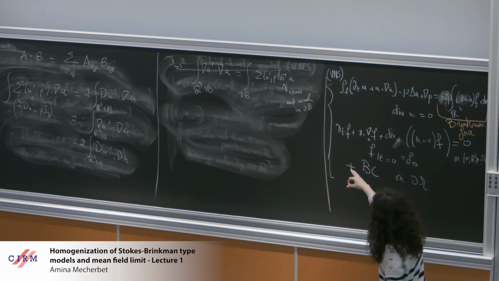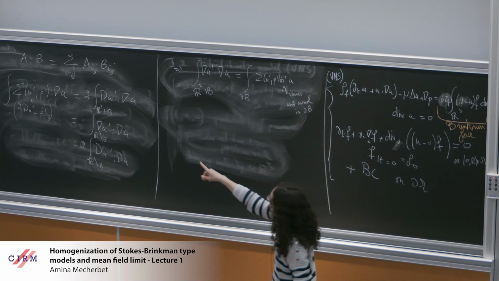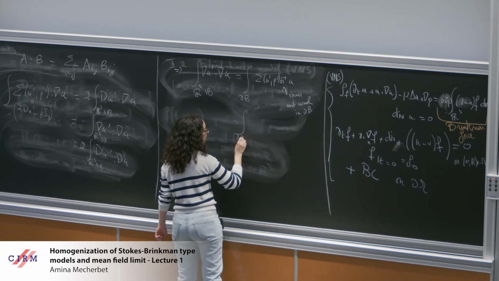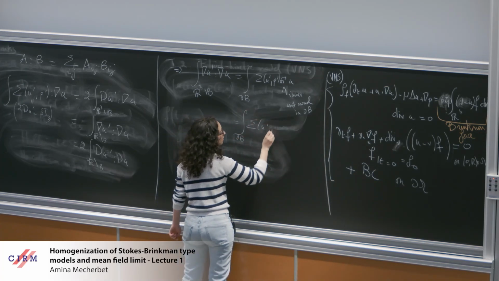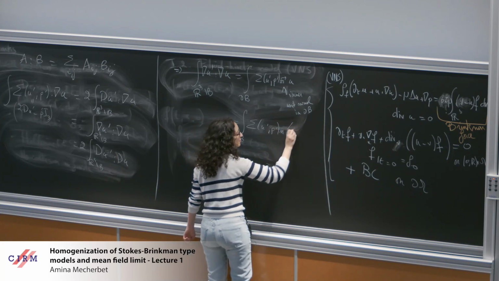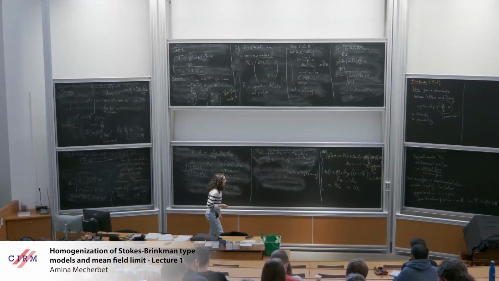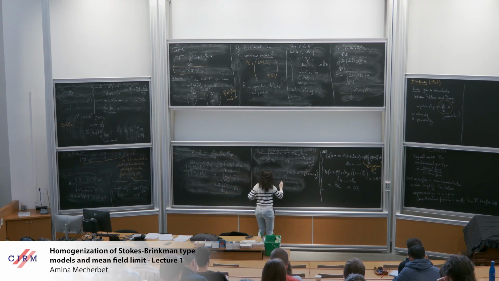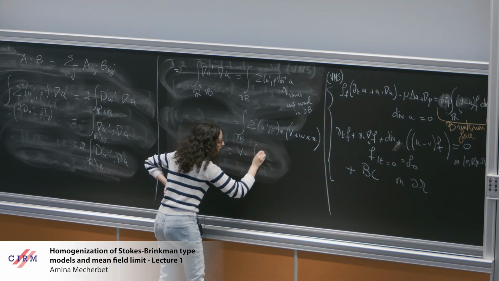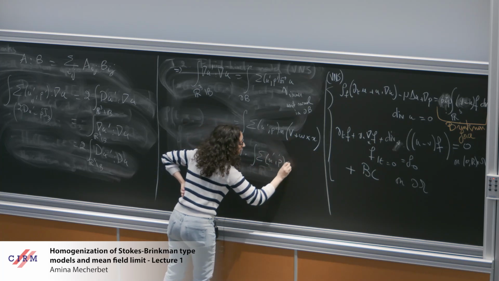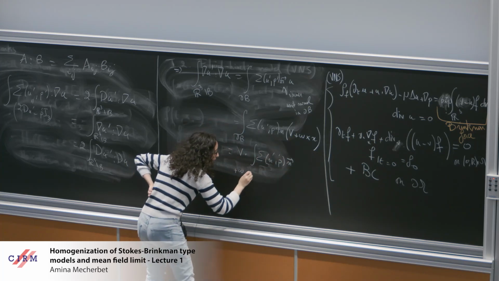But then what we will use is that u is a rigid motion on the boundary. So this is just sigma u prime n times v plus omega cross x. And when you compute this, this is a constant, so it gives you v dot the drag force of u prime plus omega dot the torque.